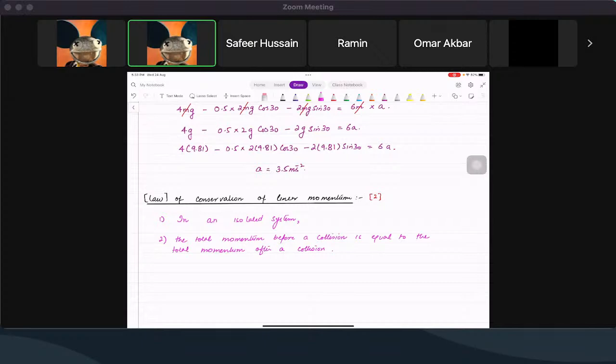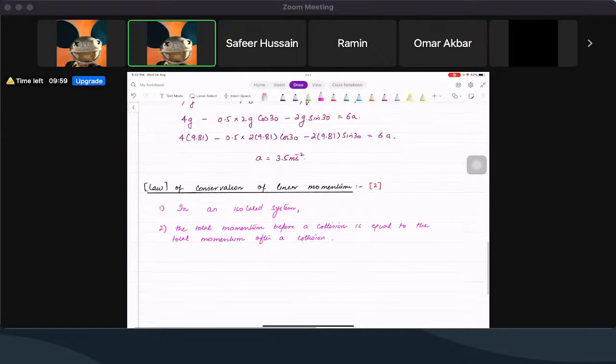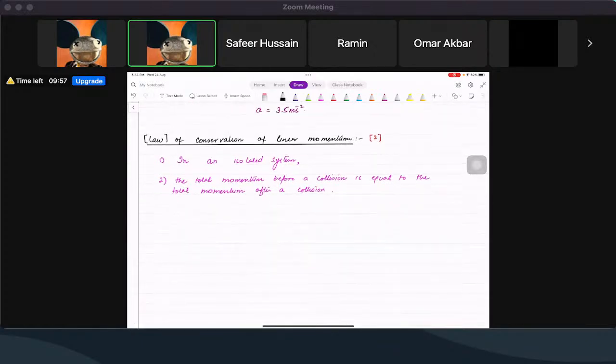Now, what it basically means is, suppose you have one object m1 which is going at a speed of u1, and then there is another object m2 which is going at a velocity of u2.